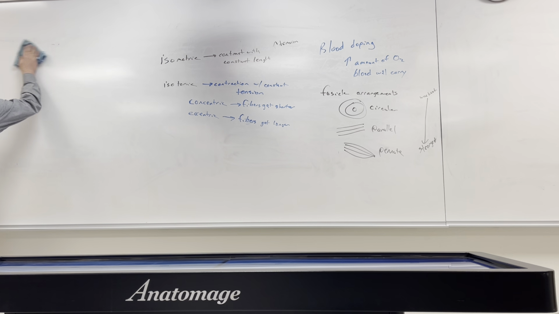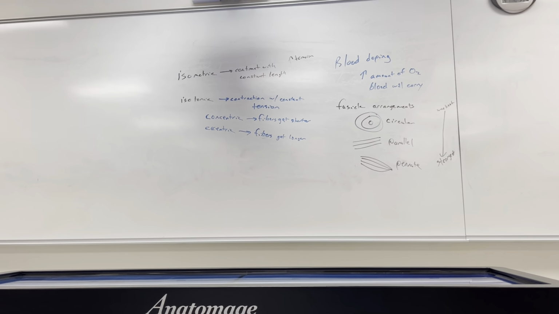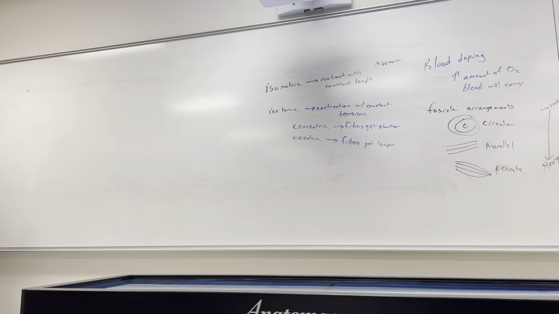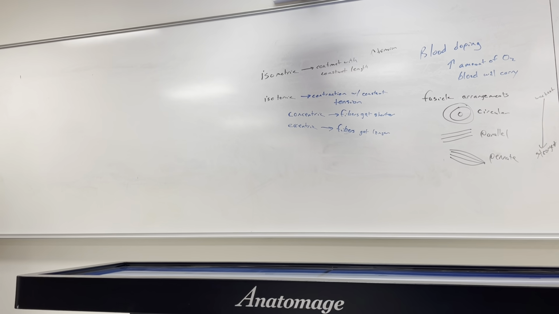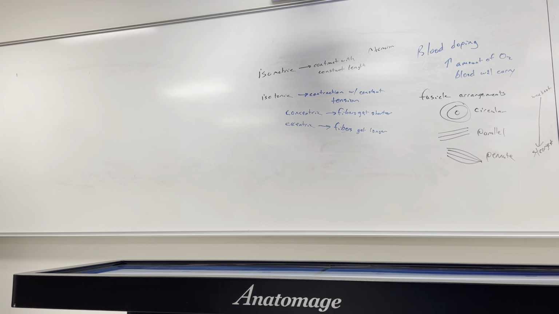Now, as we have these isotonic, isometric contractions, and we're talking about varying the length of the fiber, remember that to vary the length of the muscle fiber, we're changing the frequency of the action potential, of the stimulus from the nervous system.